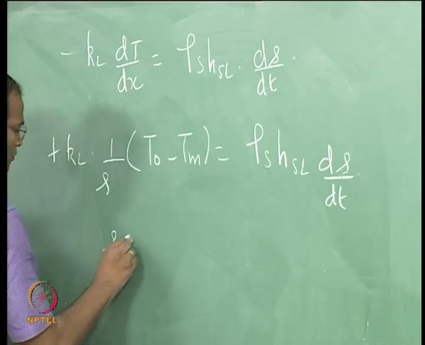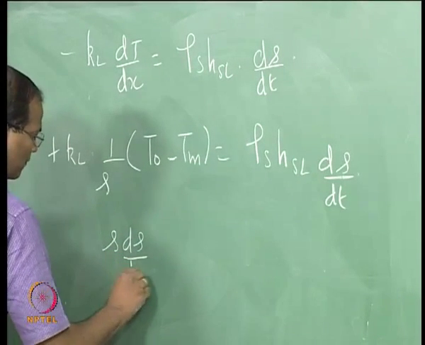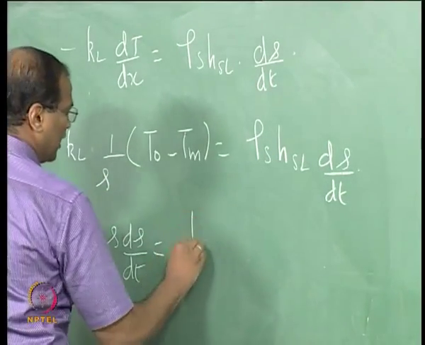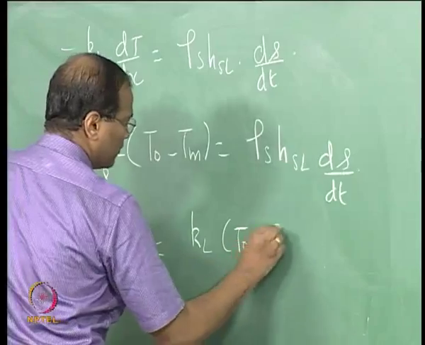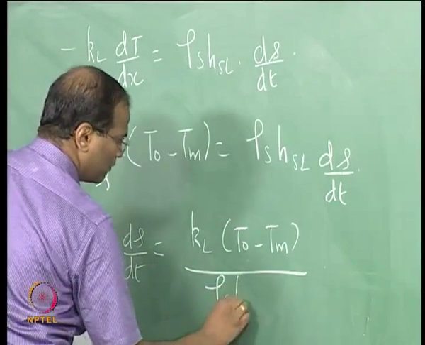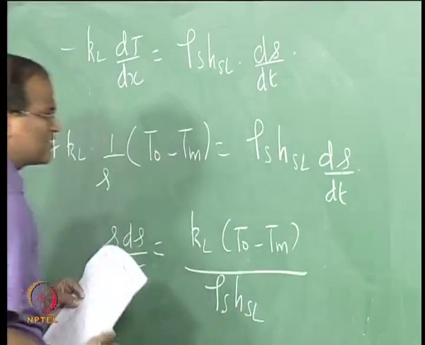Therefore, S ds by dt is equal to KL, rho S, what is it?